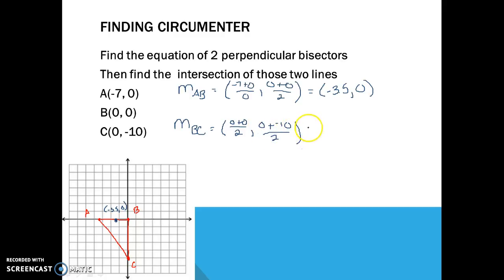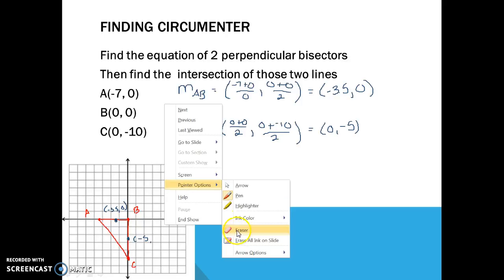When you simplify, you get 0 and then -5, which makes sense because halfway between B and C it would be along the y-axis at -5, which is right here. This is (0, -5). My apologies.